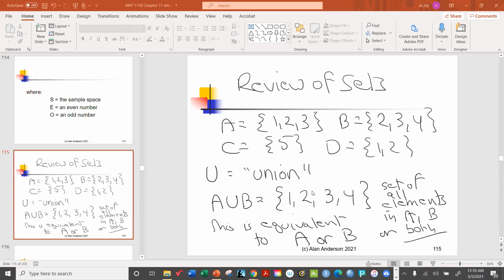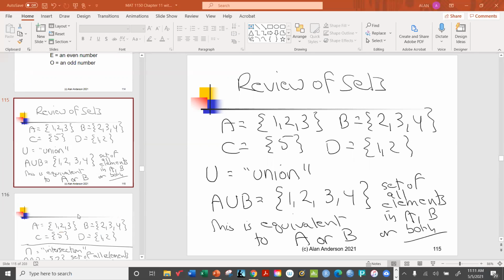All we need is the unique elements. So the union can be simply written as 1, 2, 3, 4. In English, we sometimes hear that expressed as A or B. So you can pronounce this A union B or A or B. It means the same thing. It's a new set that is simply the combination of the existing sets. That's what union means.